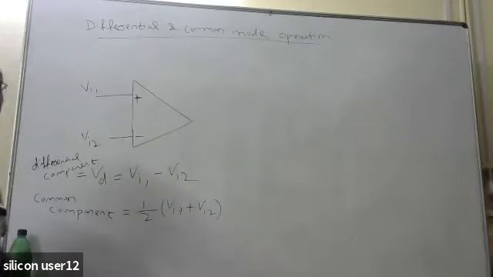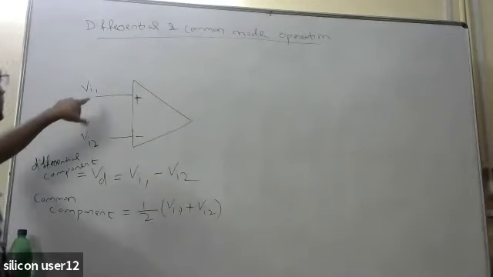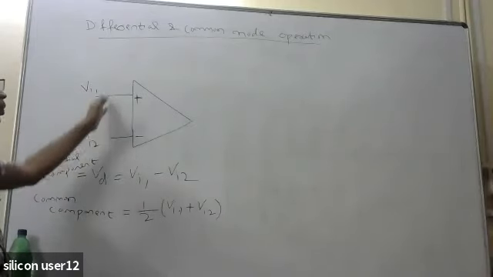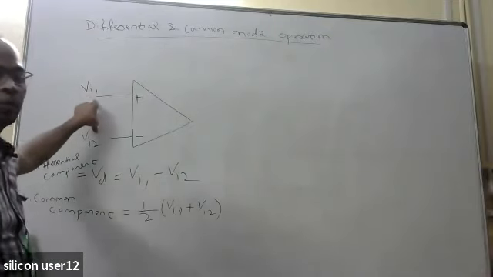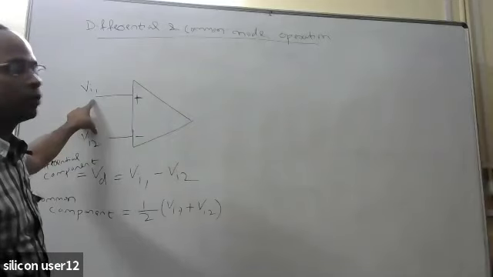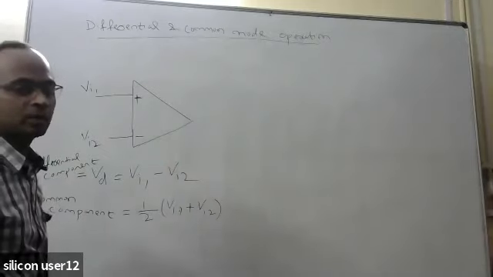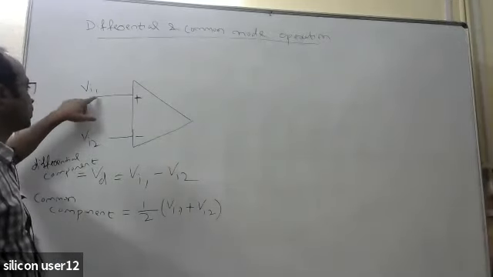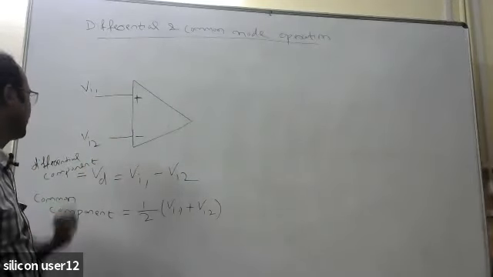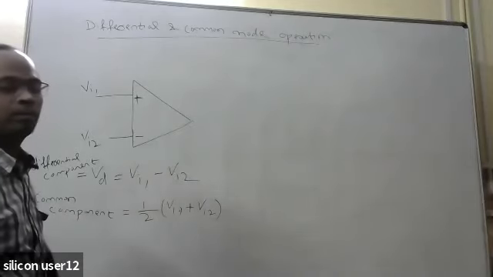Obviously, if the same signal is given to both the terminals, the difference between them will be 0 and the common component will be equal to that signal, because the average of Vi plus Vi by 2 is again Vi. If different signals are given, the difference is Vi1 minus Vi2, and the common component is Vi1 plus Vi2 by 2.